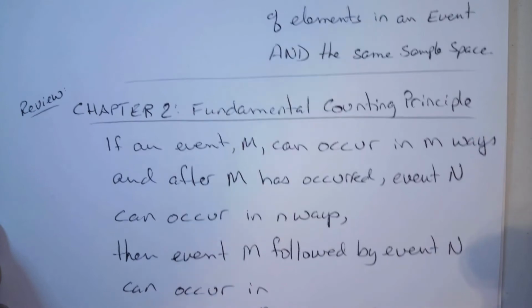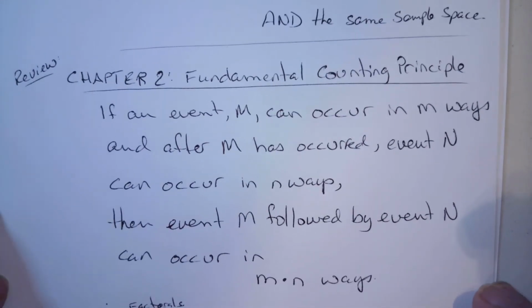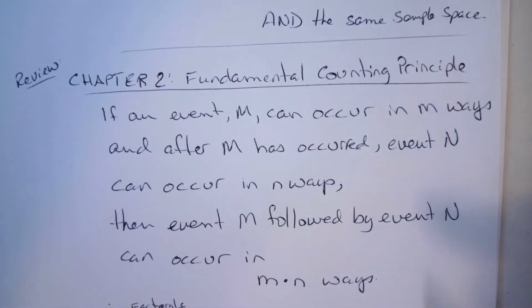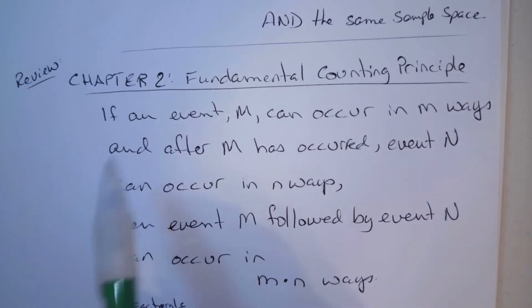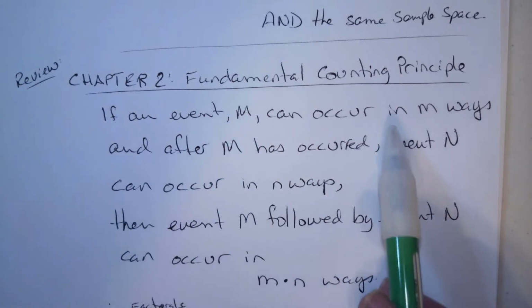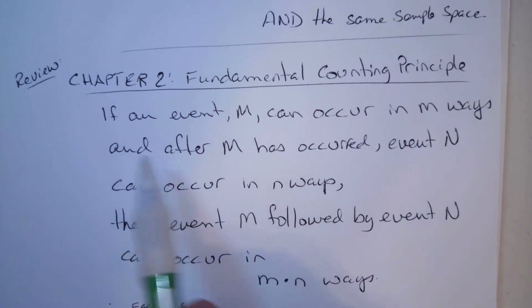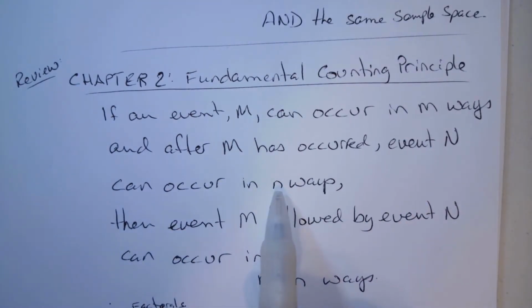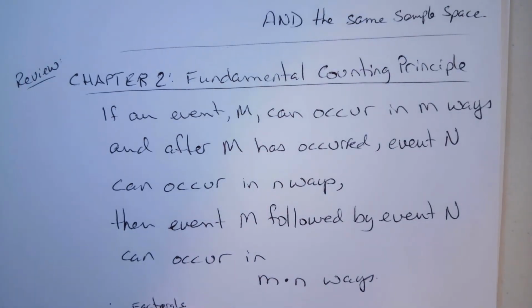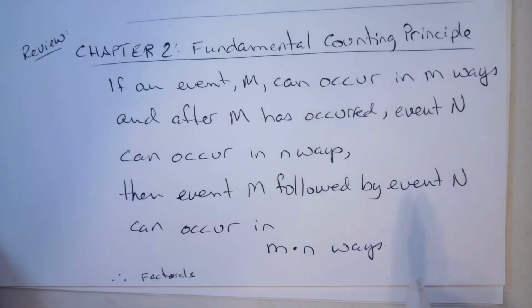So let's begin. In Chapter 2, we discussed the fundamental counting principle. What that says is, if an event M can occur in M ways, and after M occurs, event N can occur in N ways, then event M followed by event N can occur in M times N ways.